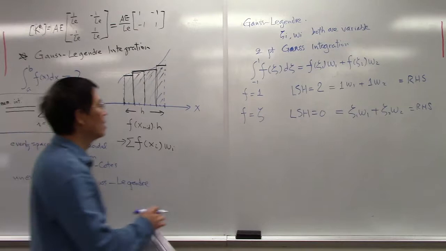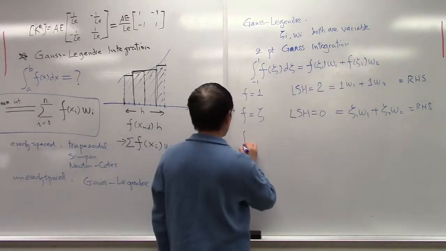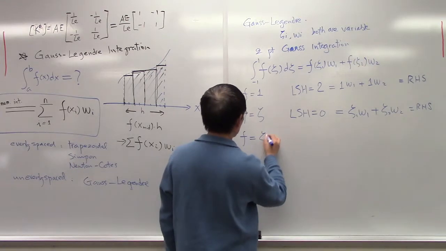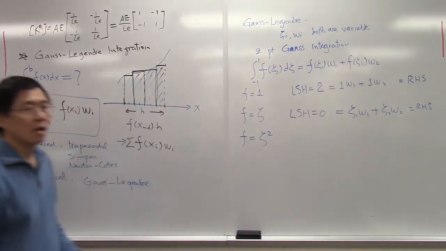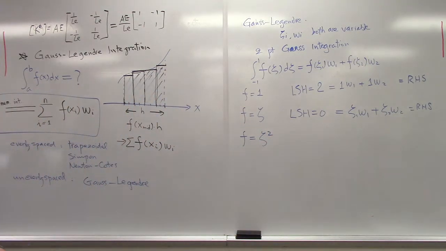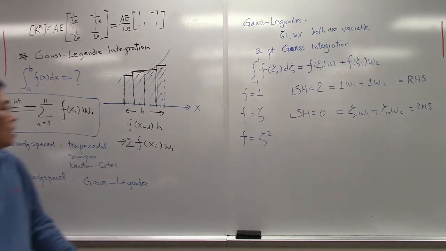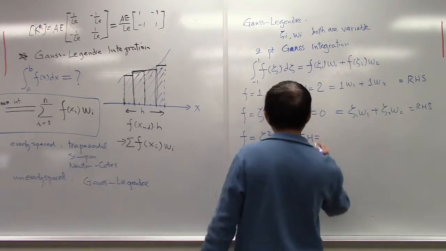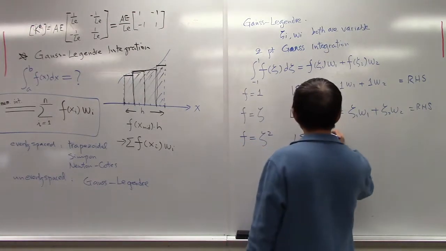Okay? All right. Let me now let f equal to theta square. Theta square, the integration is 1/3 theta cube. 1/3 theta cube, put in the two limits 1 and -1. The left-hand side is equal to actually 2/3.